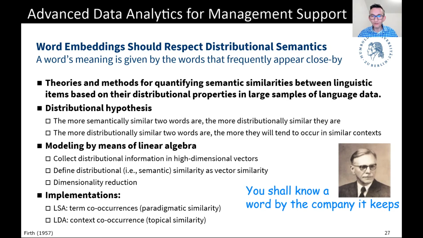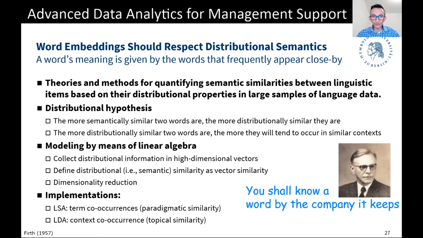We define vector similarity to be the same as distributional similarity, which we understand as semantic similarity. So if we achieve an embedding where, unlike with the one-hot embedding, semantically similar words are close to one another, then we have a nice theory support for our embedding.